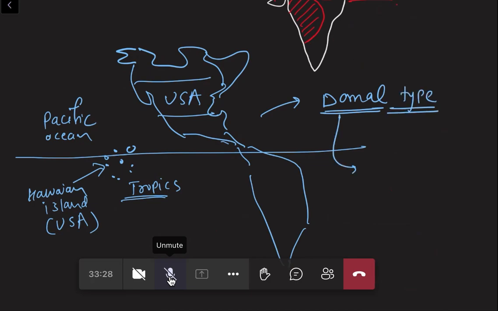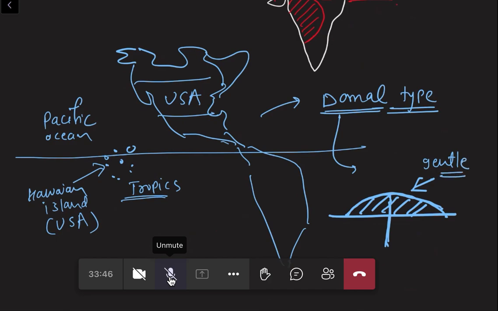So what happens in domal type of islands? These islands become flat like this. Not just flat, the slope is not so steep. The slope is gentle. That's why we call it a dome, like a hillock.